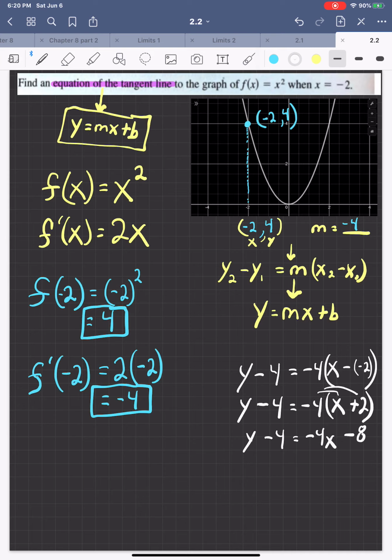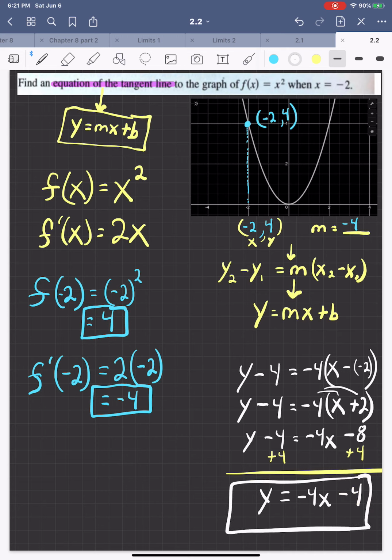All right, and let's go ahead and add 4 to both sides. So I'm left with y is equal to negative 4x, and if I have negative 8 and I add 4, I have minus 4. Here it is.